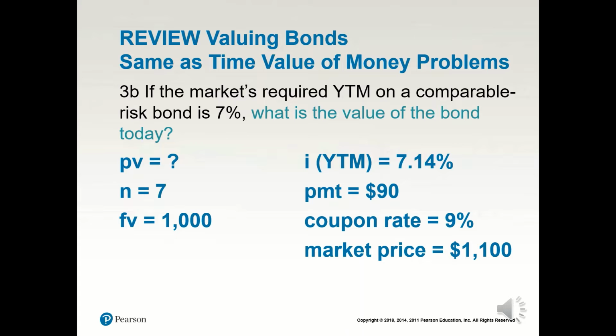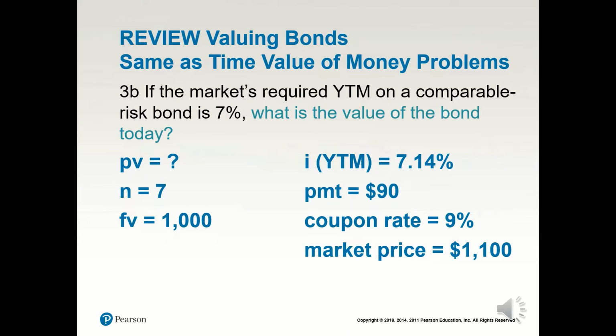Now remember that there are a few components in the bond valuation problems that never change. The time or duration left in the bond may change as the bond is bought and sold, but in this problem it hasn't changed. The future payback at maturity of the face value of the bond never changes, so that's still our future value.